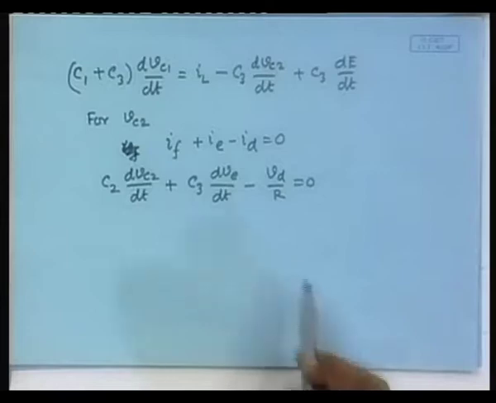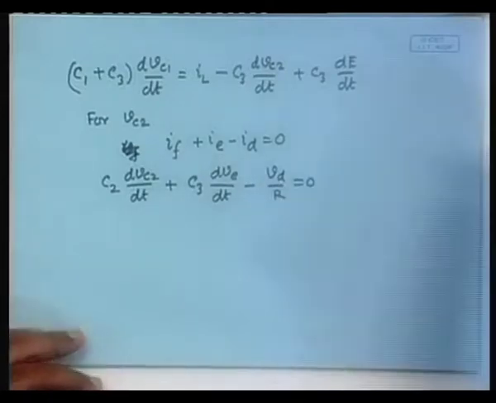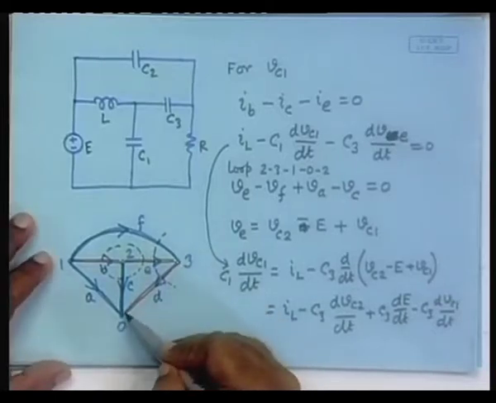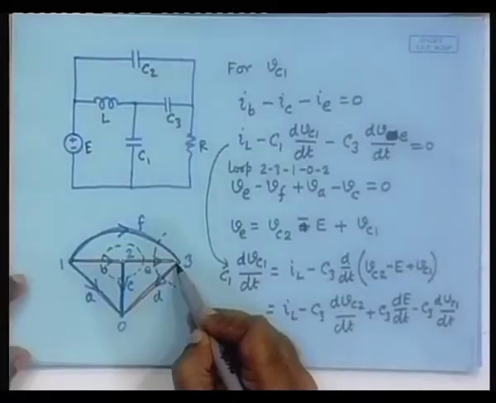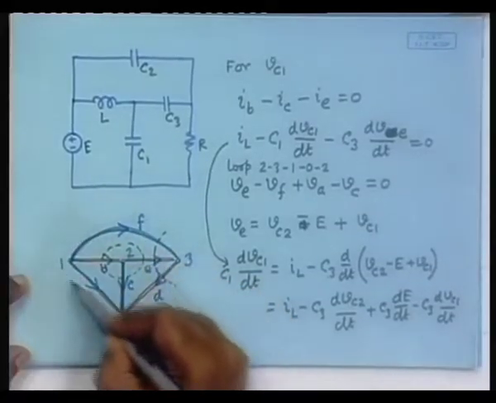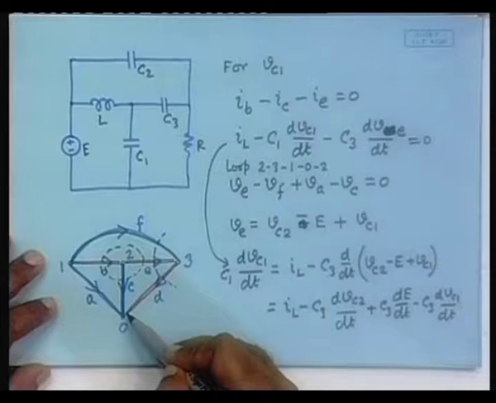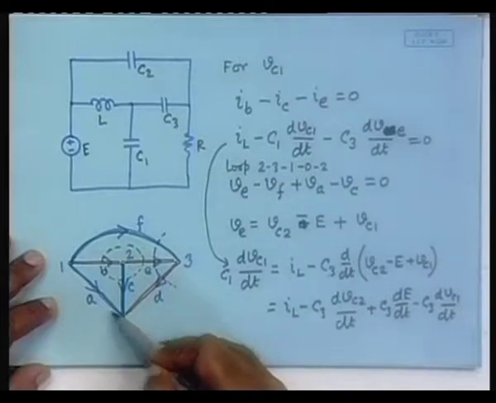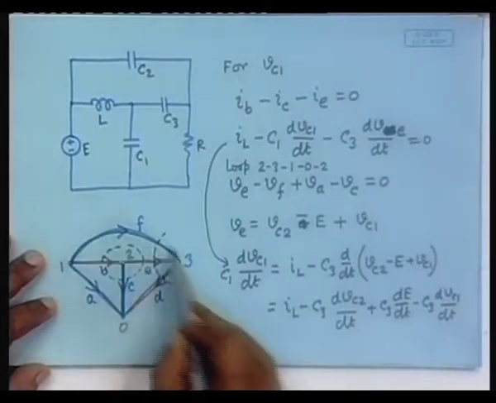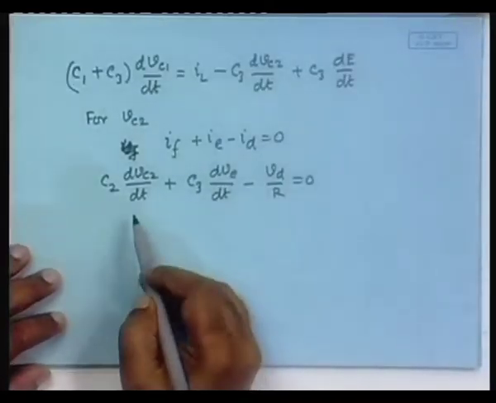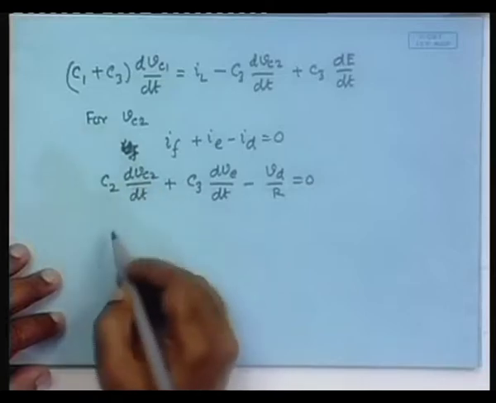Okay, now we need to obtain VD. Where should it be obtainable from? VD should be obtainable from the loop, basic loop, including this fellow, which is this. So we can easily write VD minus VA plus VF equal to 0. So we can simply substitute it here. Again we will keep this one this side.